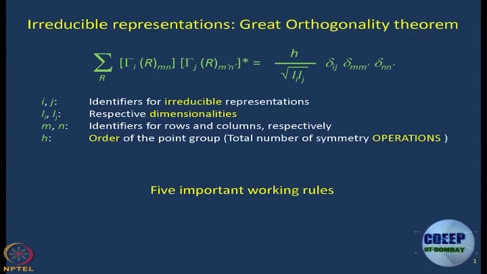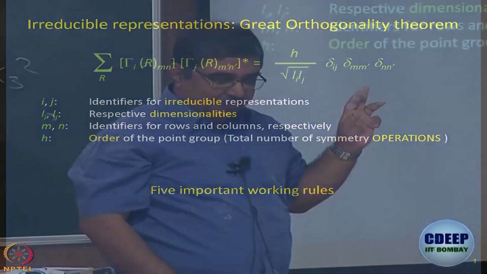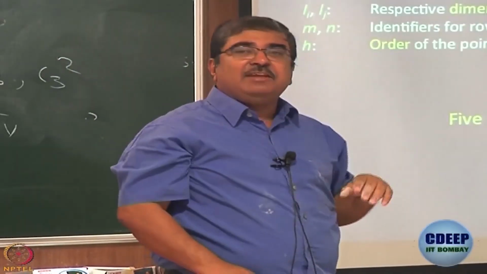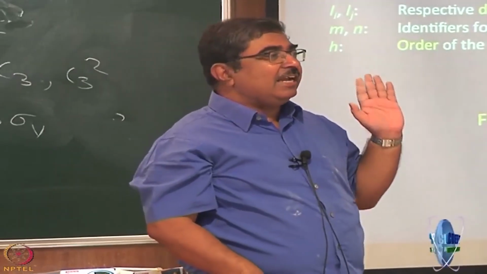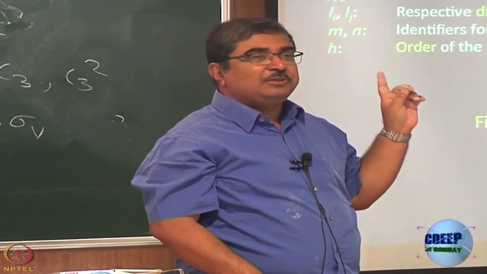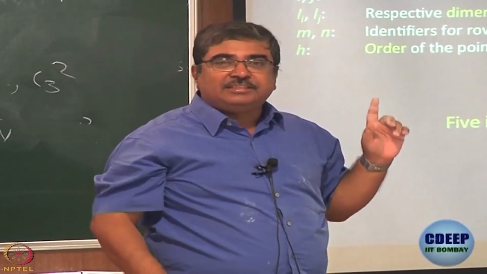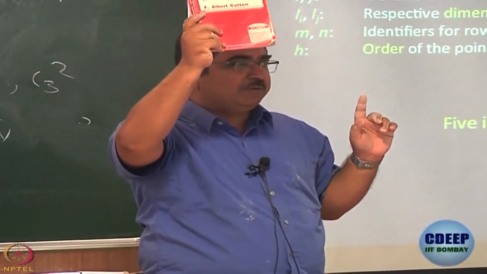But this also is only for the purpose of knowing where everything comes from. What we are really going to use is these 5 important working rules that arise out of this great orthogonality theorem. We are not going to derive the rules either. If you are interested in the derivation, please look up Cotton's book.